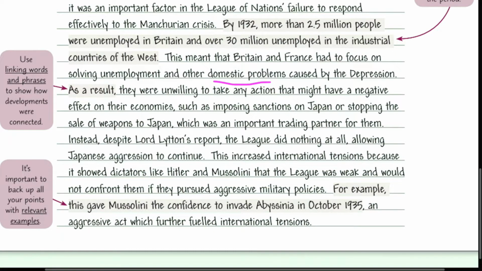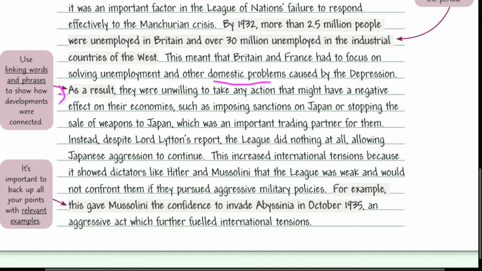As a result, they were unwilling to take any action that might have a negative effect on their economies, such as imposing sanctions on Japan or stopping the sale of weapons to Japan, which was an important trading partner for them.